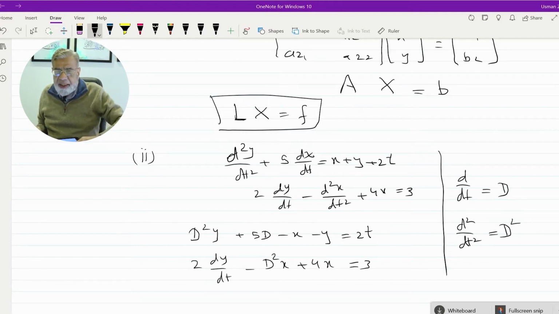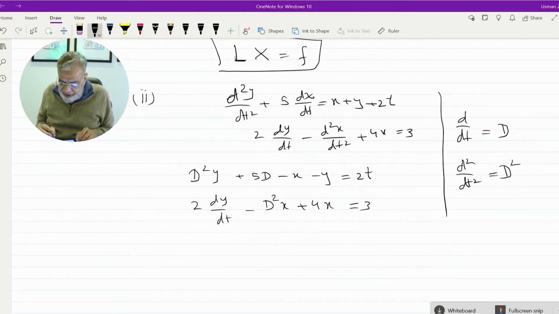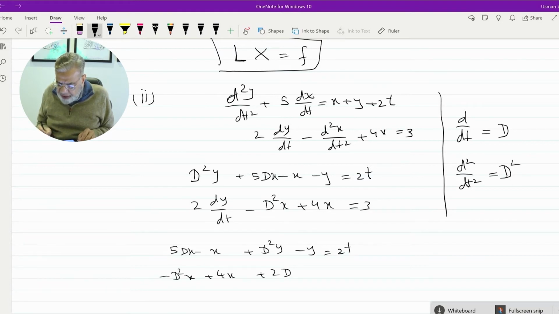Now I rewrite this, always taking x as the first variable and y in the second place. So with x, we get 5Dx minus x plus D square y minus y is equal to 2t, and here I get minus D square x plus 4x plus 2Dy is equal to 3.